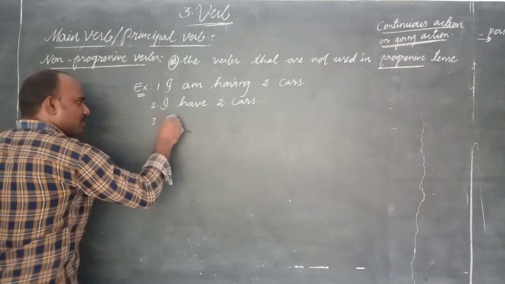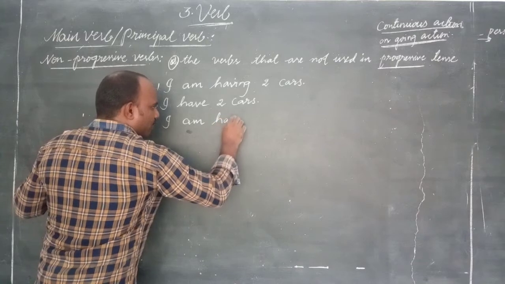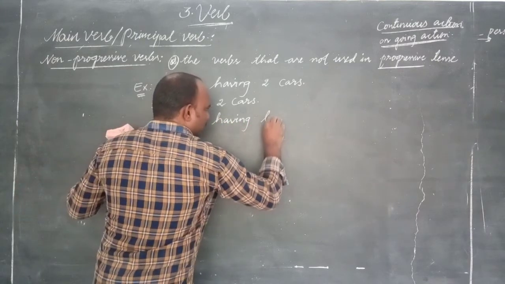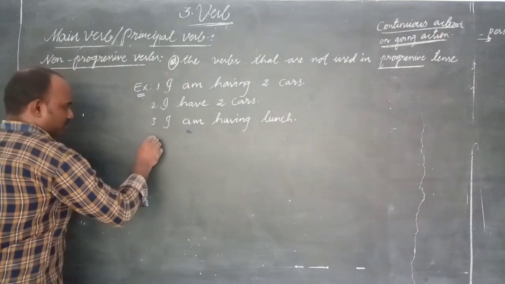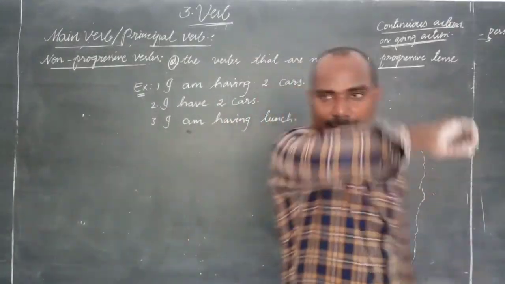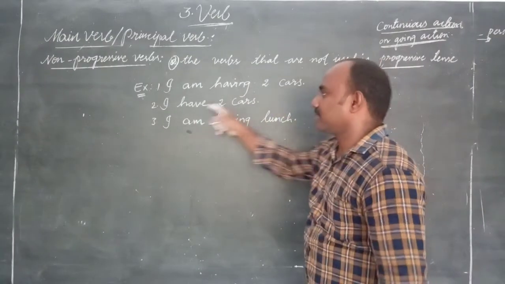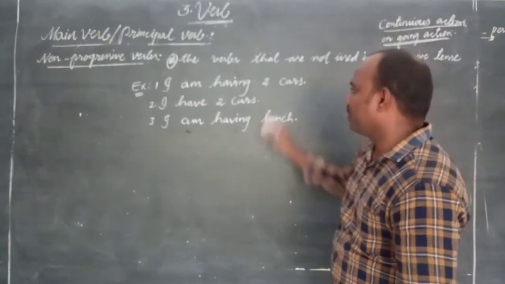Third one: I'm having lunch. Look at these three sentences. I'm having two cars. I have two cars. I'm having lunch, or dinner, something else. Look at the first sentence.